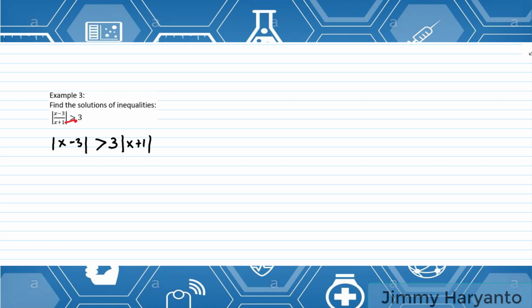This is the first step. The formula is f(x) plus g(x), where g(x) is 3 in the bracket, x plus 1, and then f(x) minus g(x). The sign is greater than, we follow it, greater than 0.